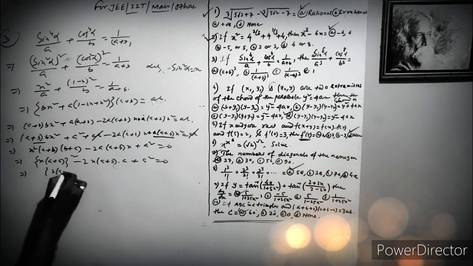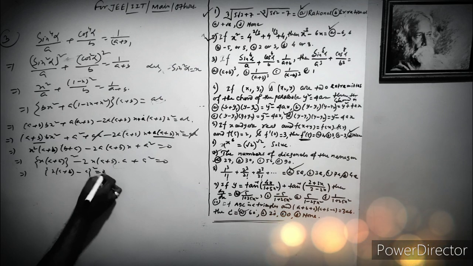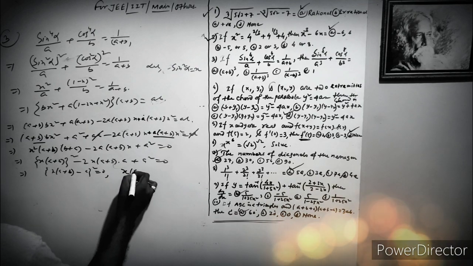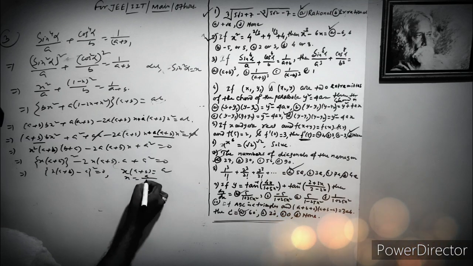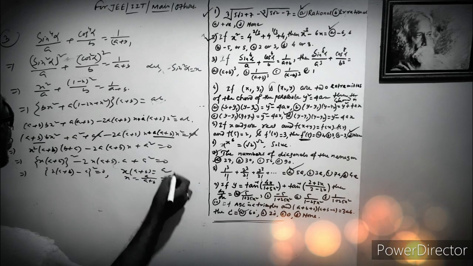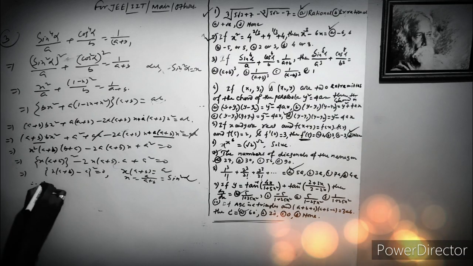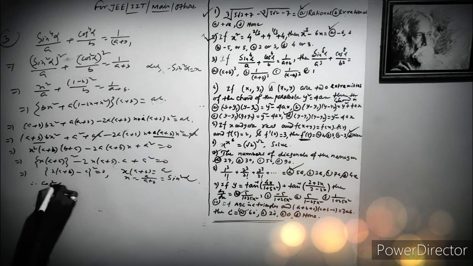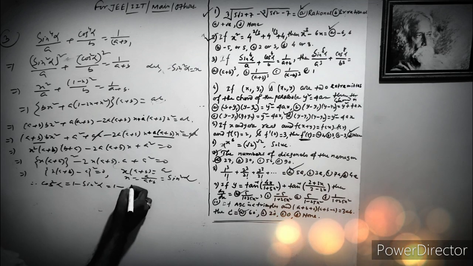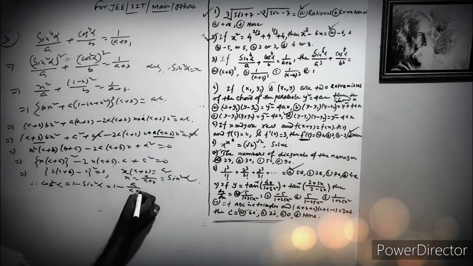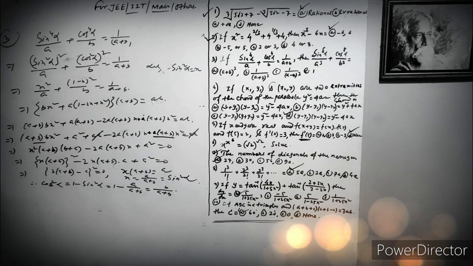So x into A plus B minus A whole square equal to 0. Therefore, x into A plus B equal to A. So x is equal to A by A plus B. X means this is sin square alpha. Therefore, cos square alpha is equal to 1 minus sin square alpha. This is 1 minus A by A plus B, this is B by A plus B.